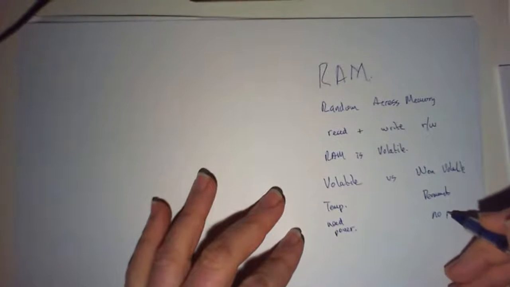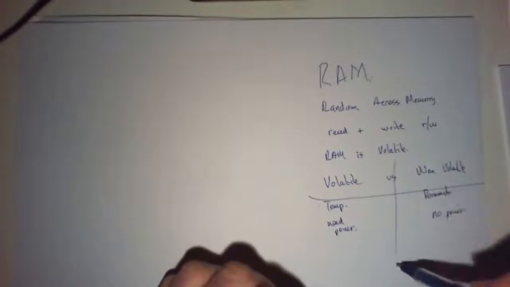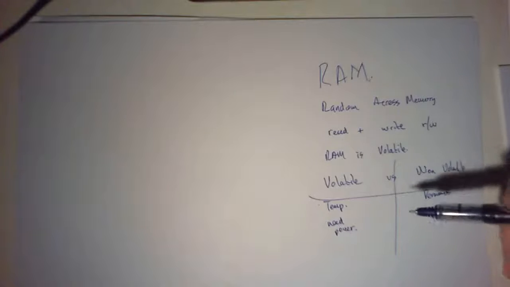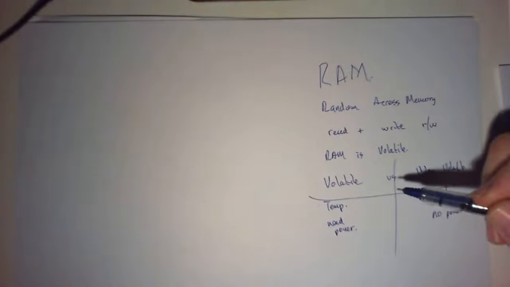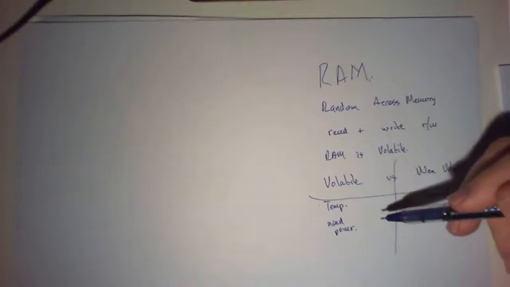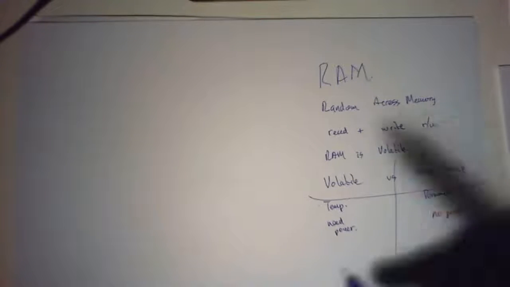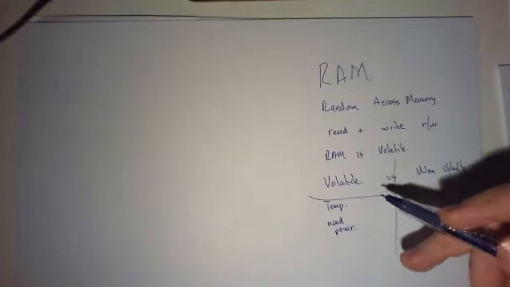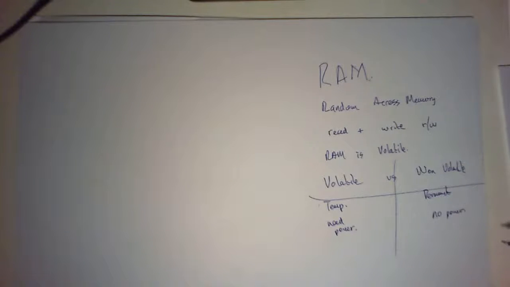Non-volatile: no power needed. Okay, that's the difference between them. Now we will look at the two types going forward, but for today, RAM is what's considered volatile memory. In other words, when you switch off the computer, and when I say switch off, I mean properly switch off a computer, anything on the RAM is gone. Non-volatile is not gone.